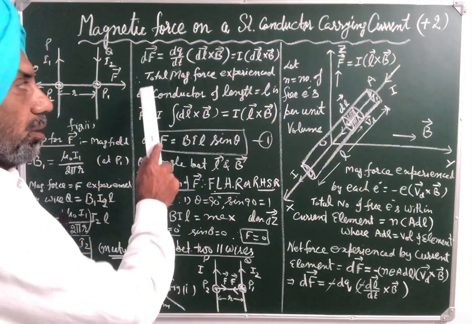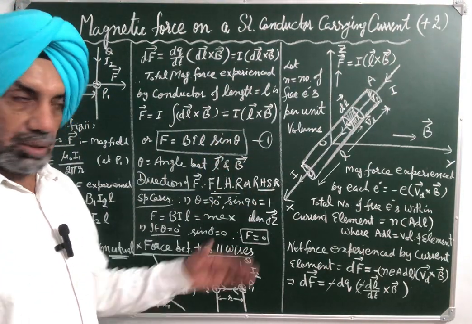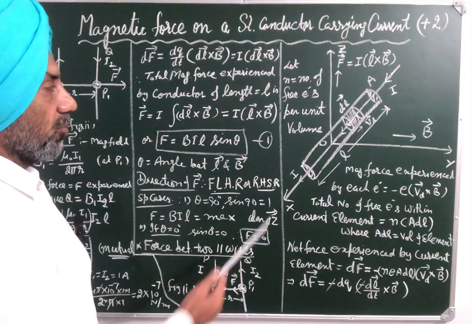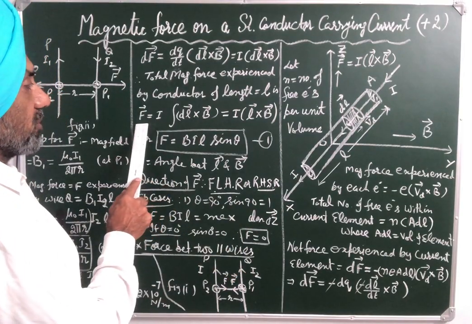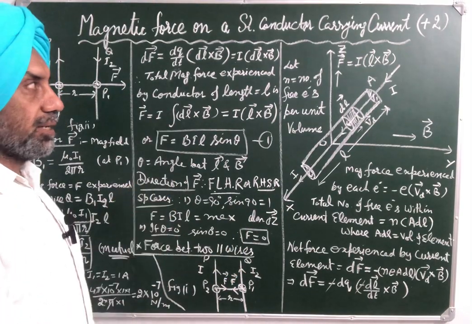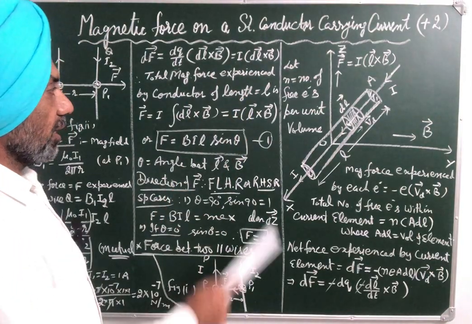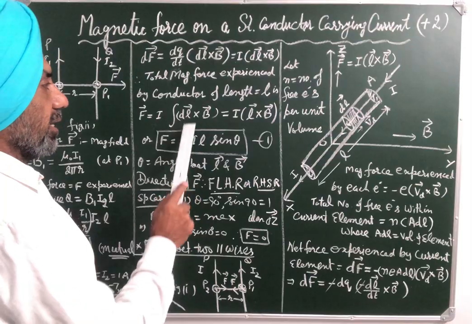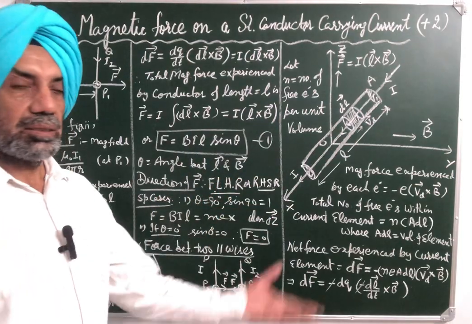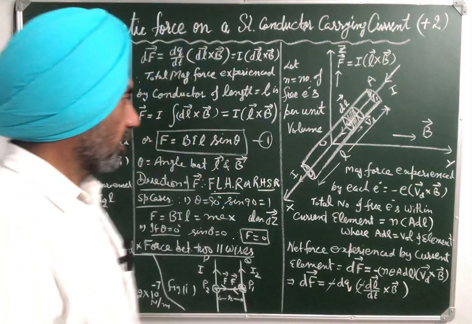Now to find the total magnetic force experienced by the whole conductor of length L, F is equal to I integral dl cross B, or I integral dl will be L because B is uniform.